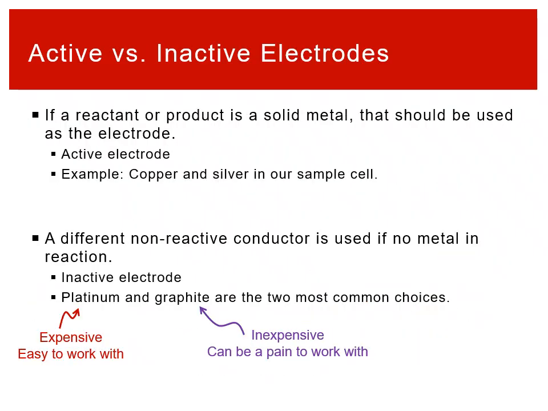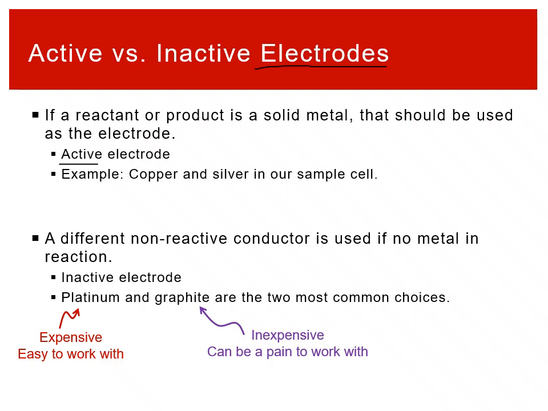So when you're choosing the electrode material, you really want to ask, do you want to use an active electrode or an inactive electrode? For an active electrode, the word active implies that the electrode, the piece of metal, is participating in the reaction. You would do this if your reactant or product in that half reaction is solid metal, because the electrode just needs to conduct electricity.